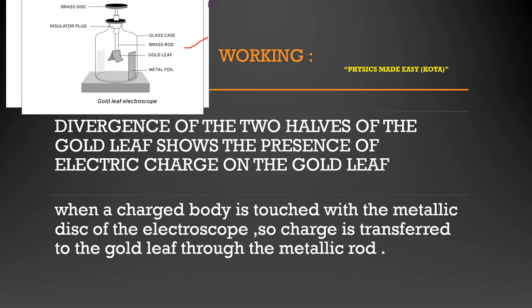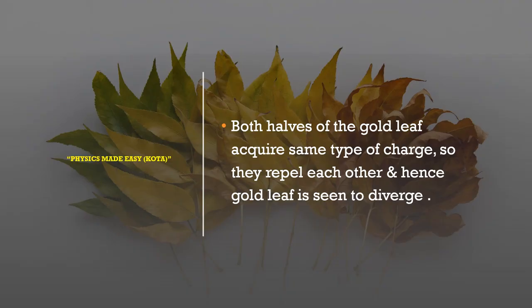For example, when a charged body, say a glass rod rubbed with a silk cloth, is touched with the metallic disc of the electroscope, then charge is transferred to the gold leaf through the metallic rod. Then both halves of the gold leaf acquire the same type of charge, so they repel each other and diverge, and we can see the gold leaves diverge.